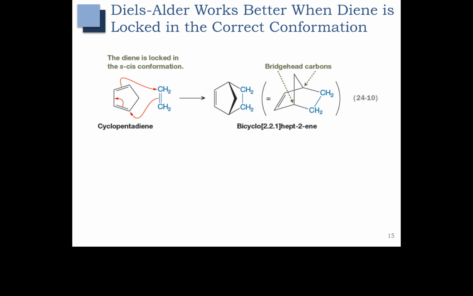Let's look at this picture here, and if you're following the electrons here, the blue electrons are going to form the bond in blue that I just circled there. The double bond comes over and forms the new double bond.